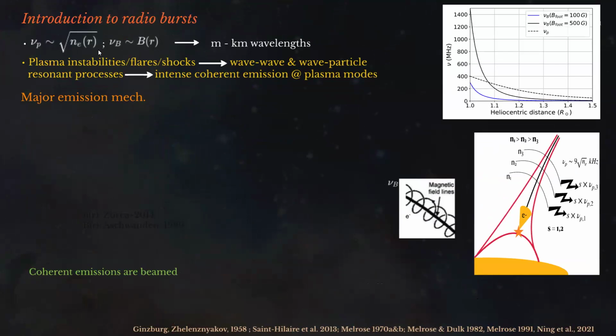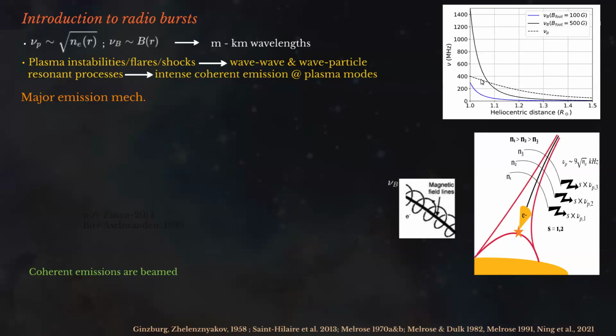So the basic plasma modes are basically the plasma frequency, which is a root of Ne, and the gyro frequency, which is basically a function of magnetic field, right? And if you plot that across heliospheric distance or like distance in the corona at different heights, you can see that all that basically falls in a few hundred megahertz, and that's the radio band.